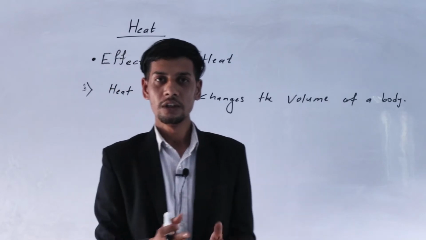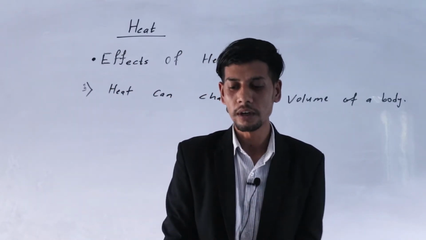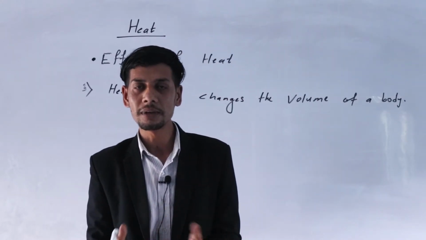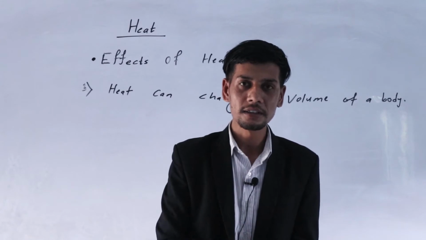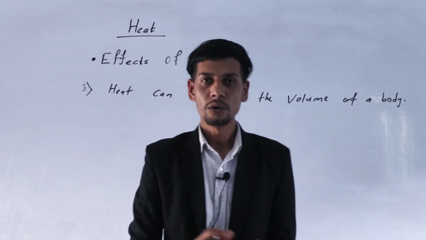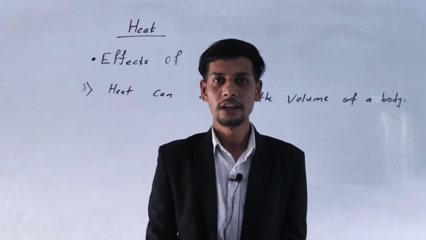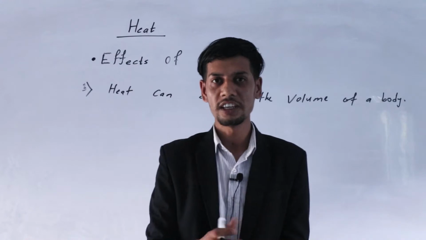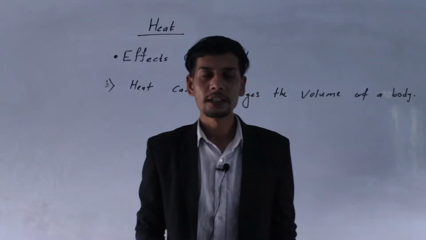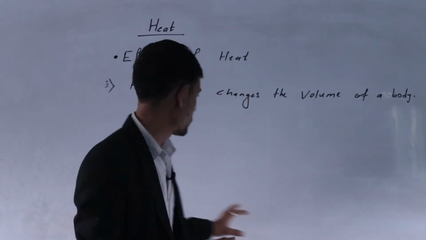So expansion in liquids also occurs because of heat energy. Similarly, expansion also occurs in gases. When a gas is heated, expansion occurs. Now we are going to deal with the thermal expansion of solids.